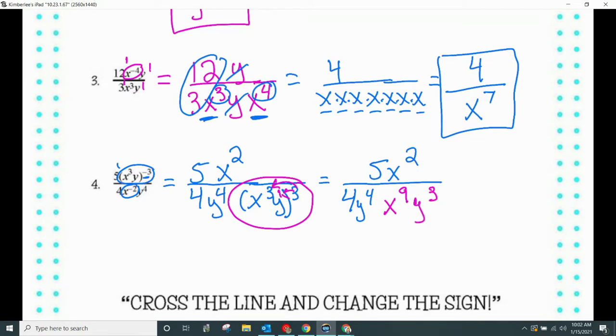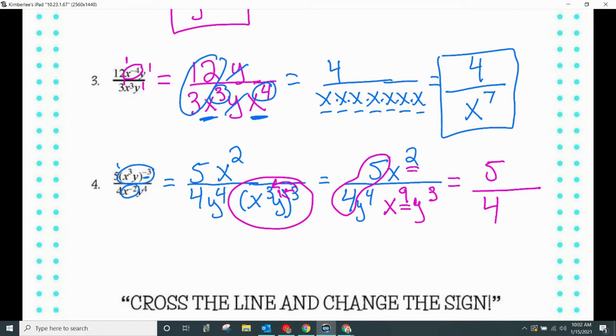So let's think about this. If in everyday life I had 5 out front divided by a 4, I would just say that's the fraction 5 over 4, right? I can't simplify that fraction. So my final answer is going to end up having a fraction in it, and that's okay. It's no problem. Now I'm going to look at what else I have. I see that I have 2 x's and 9 x's multiplied times themselves on the bottom.